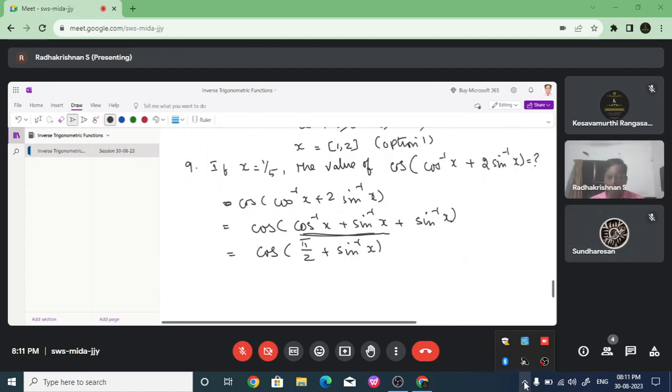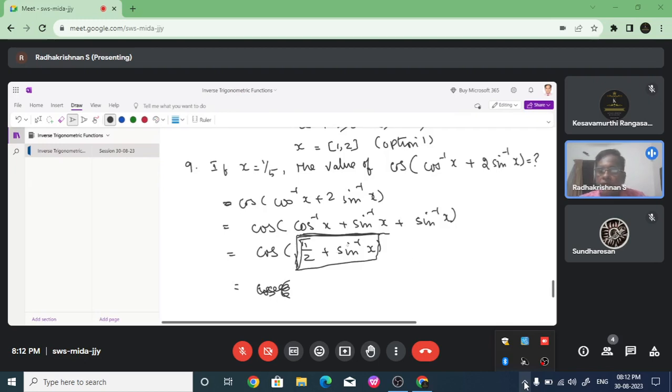Yeah. Okay. See, first you look at this expression. Cos of pi by 2 plus sine inverse x.